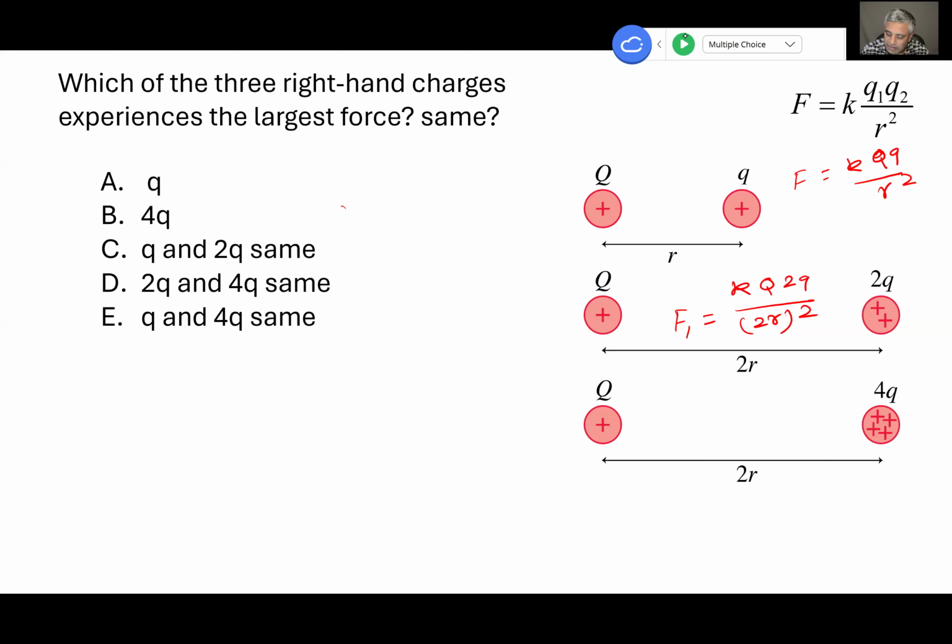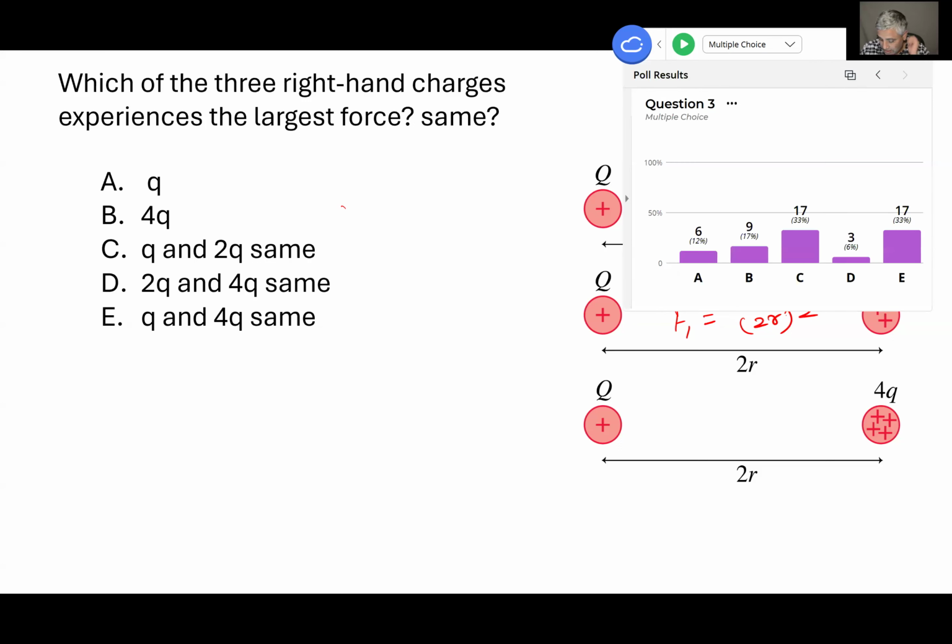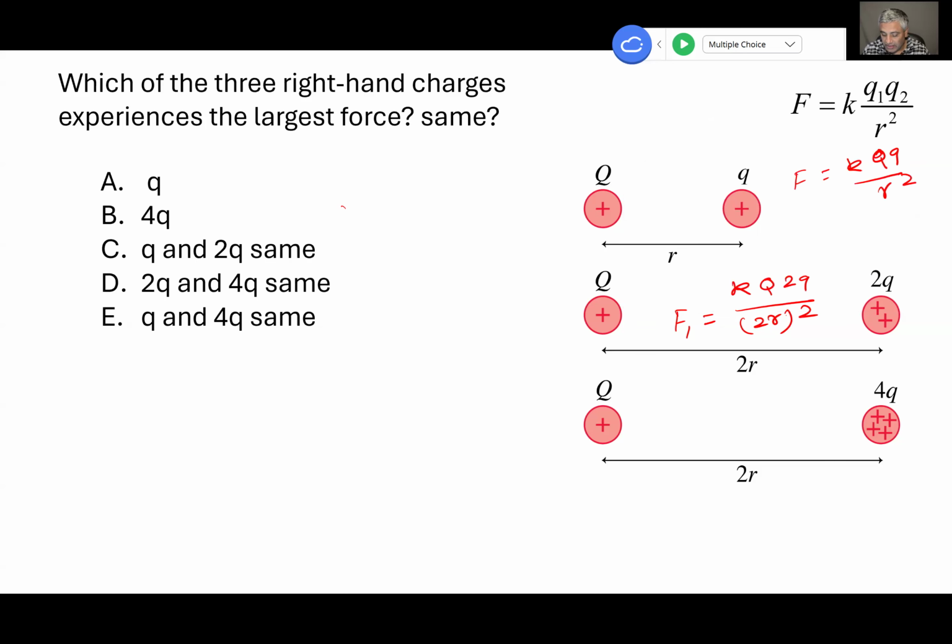Okay, let's see how did we do here. So we have C and E competing, huh? And others are also following behind. I don't know the answer, I have to do it.